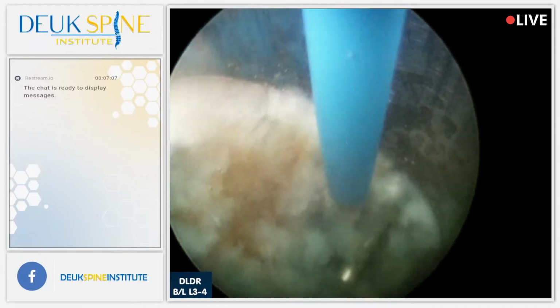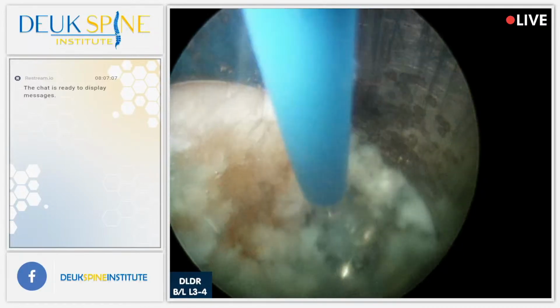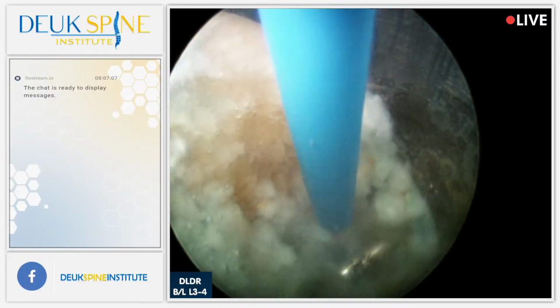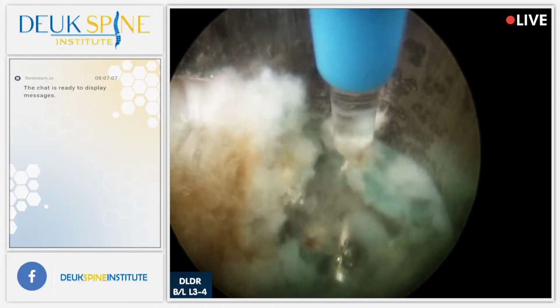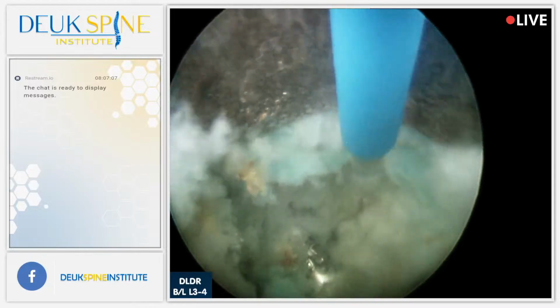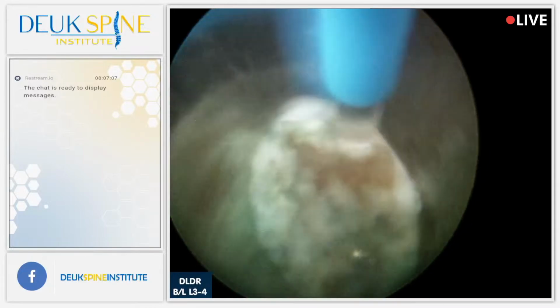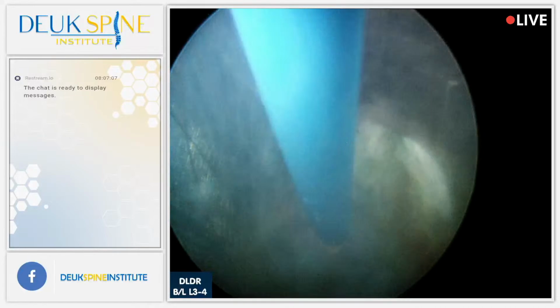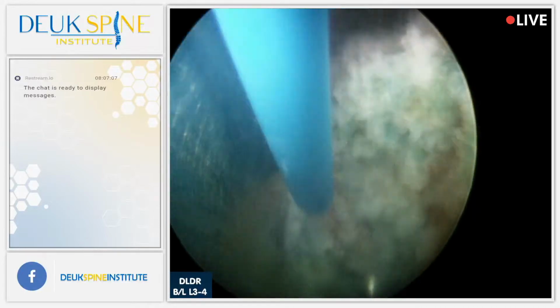But you're not going to find this surgery everywhere, unfortunately. It's literally in small pockets. You're going to have to travel to Florida to Duke Spine Institute.